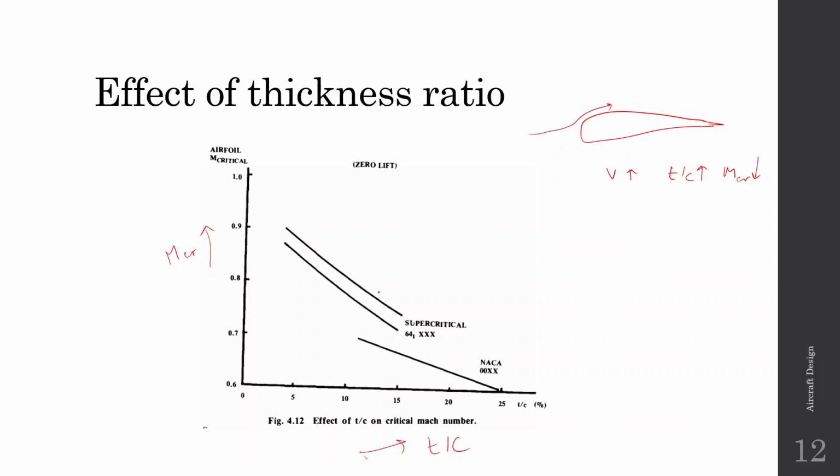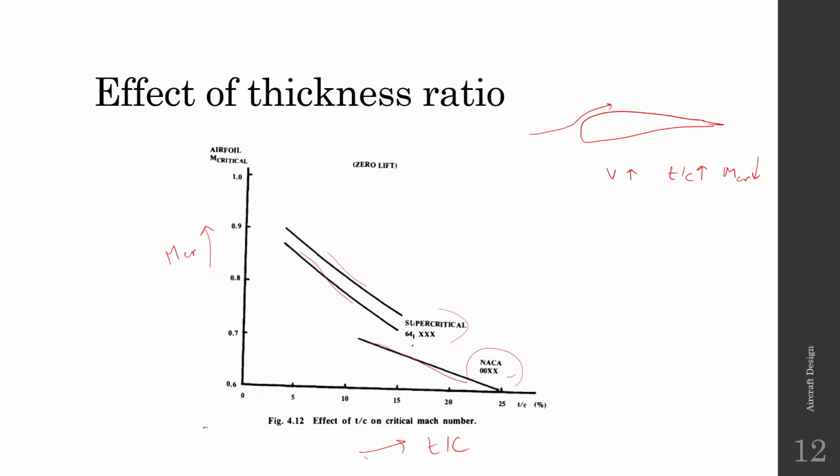That is the graph you can see from the data. As the thickness increases, the critical Mach number decreases. This is NACA 00XX, and 00XX means these are symmetric airfoils, and these are supercritical airfoils.